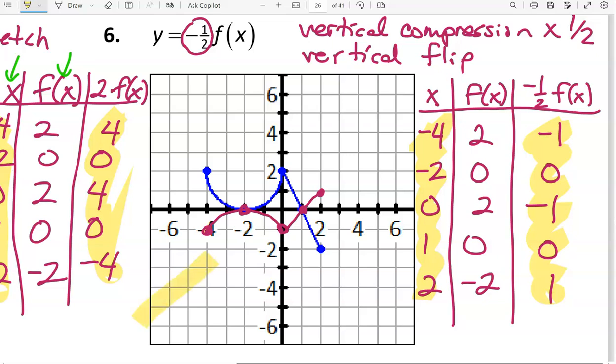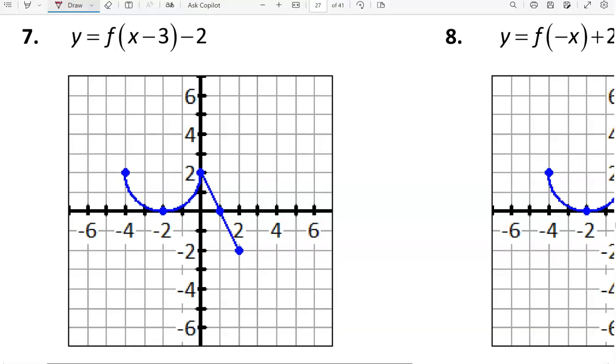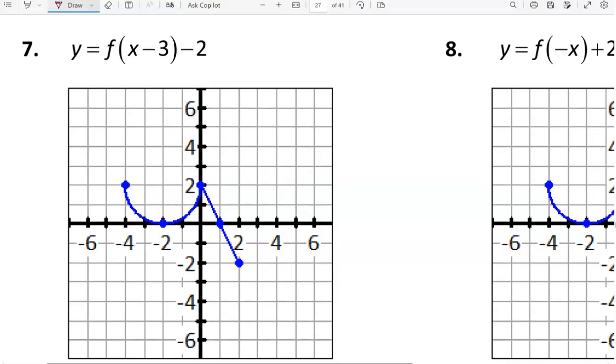For number 7, you can observe that we have a -3 on the inside of the function, and so that means that we're affecting the x variable in the inverse direction. So we're going to add 3 to all the x's, which will move the graph right 3 units, and then a -2 on the outside of the function. That means that we're going to move the y variables.